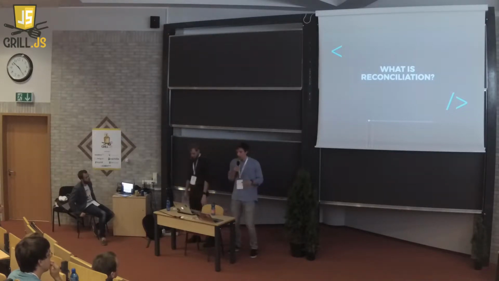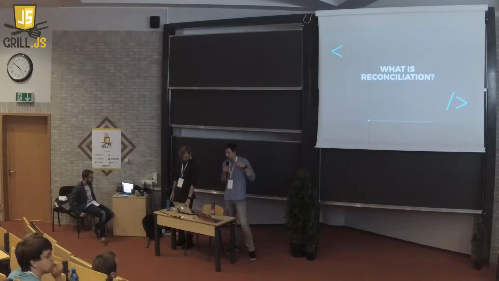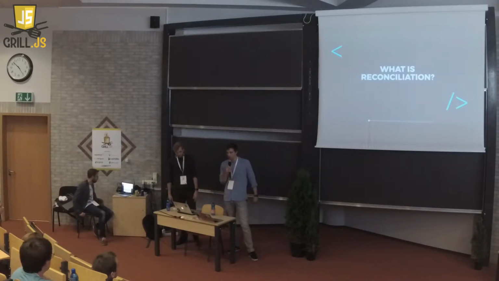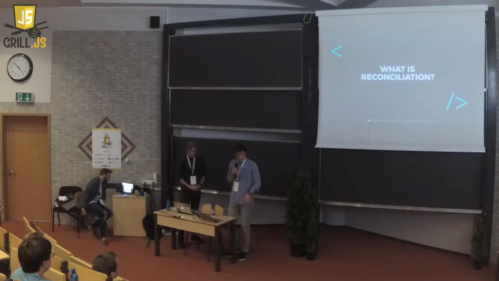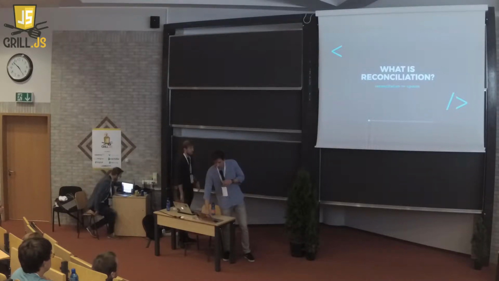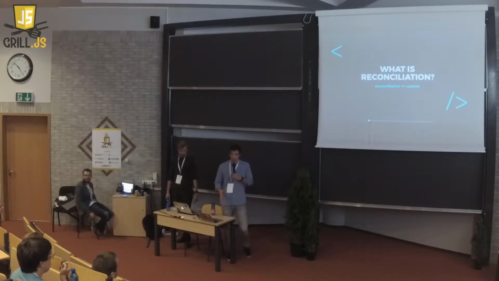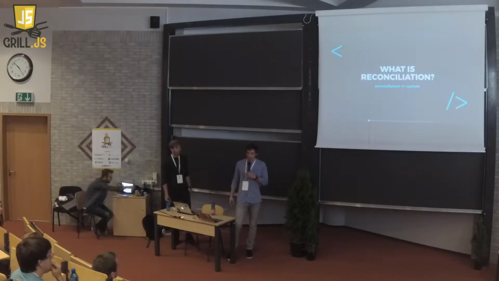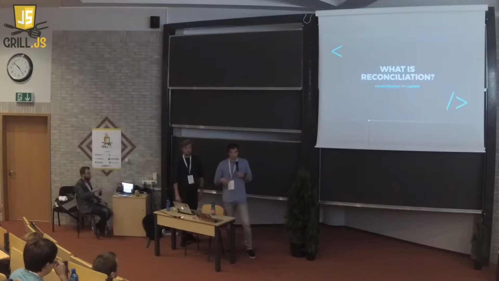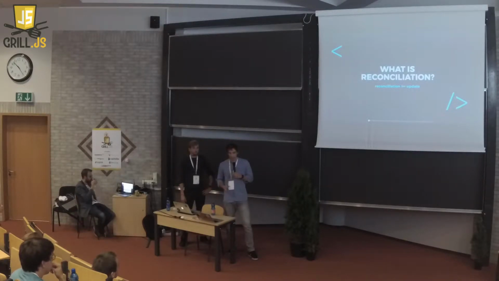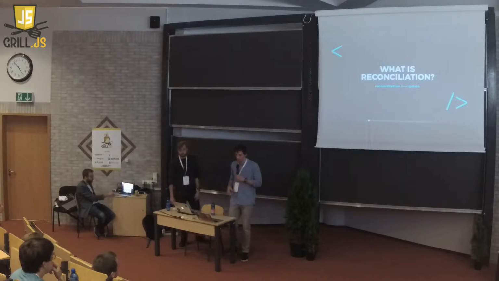So the reconciler is an algorithm which React uses to find the differences between one tree and another tree, and how to do it in an efficient way. And we cannot confuse reconciliation with the update, because an update is changing the data in our application. It's usually setState, which ends up rendering another tree, or re-rendering.